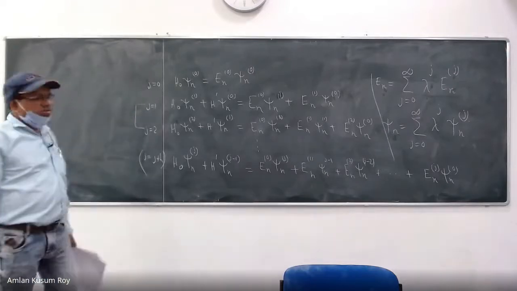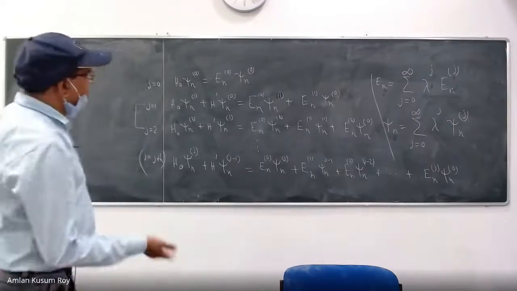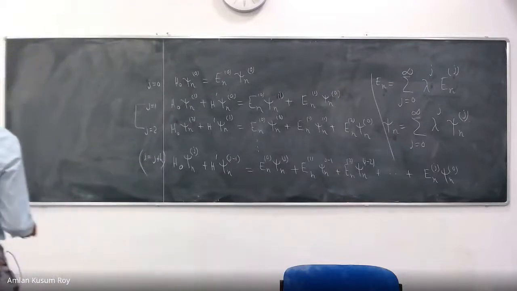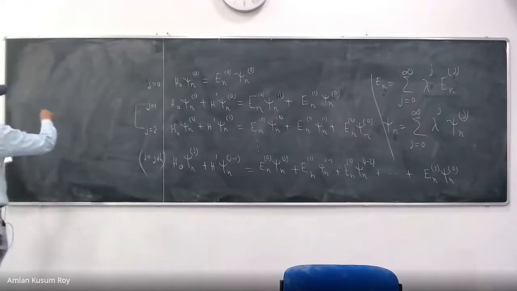In the previous class, we actually derived En1, but just for the sake of revision, we'll do it again in a very simplistic manner. So I write this first equation.